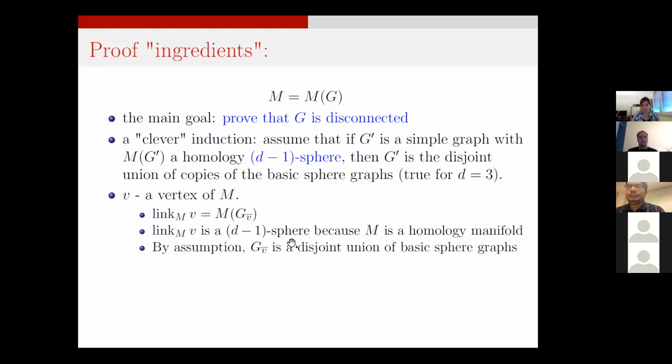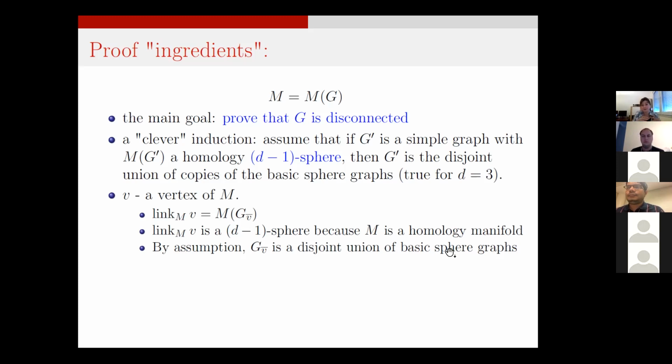Well, homology sphere, whatever, but that's a sphere, a sphere of lower dimension. And when we combine these things with our assumption, we know that this subgraph, by the induction hypothesis, is a disjoint union of those small graphs.